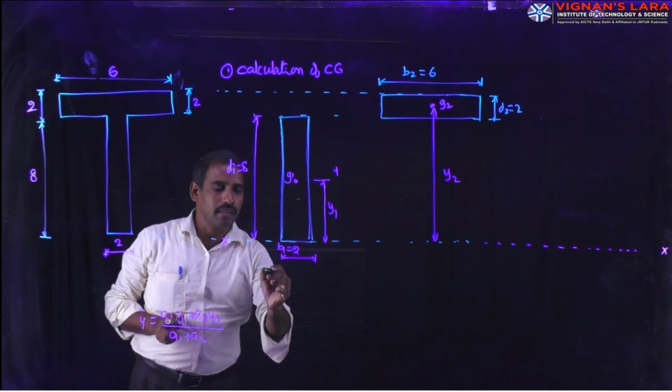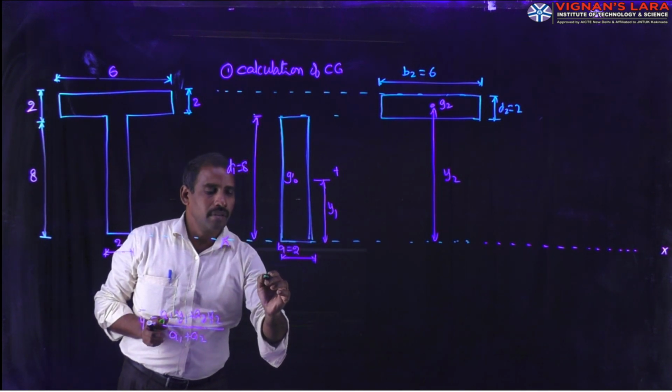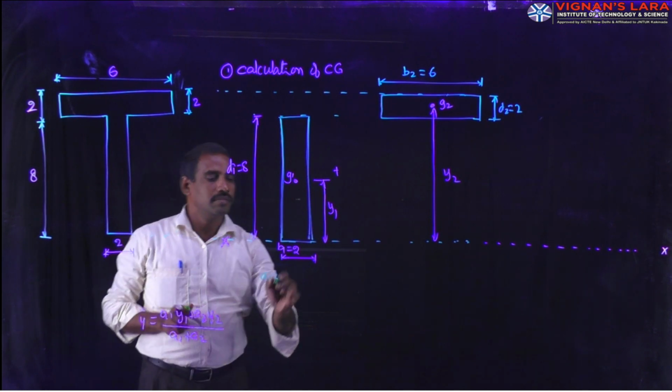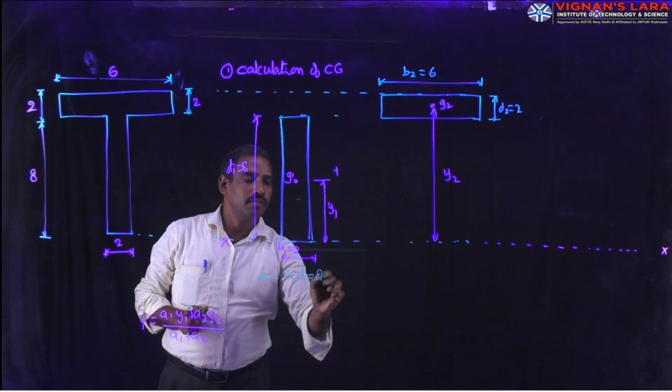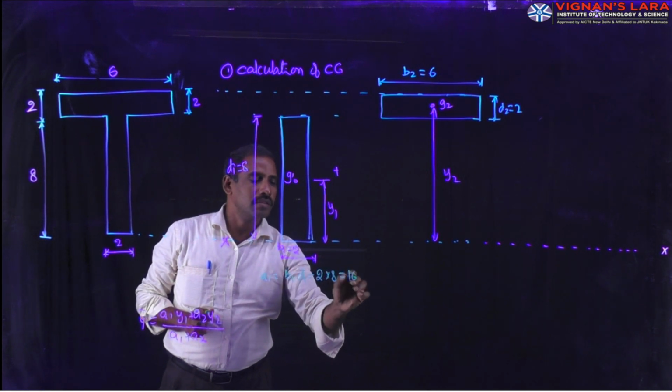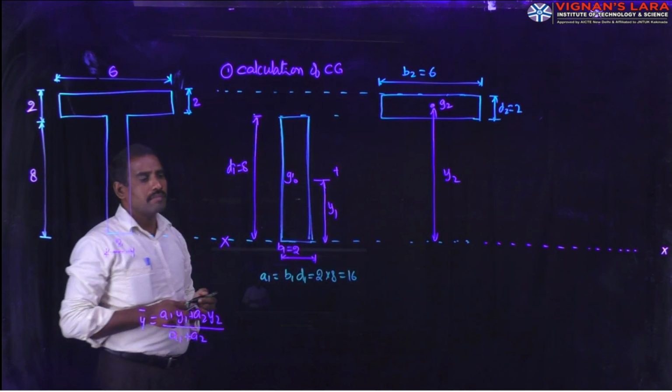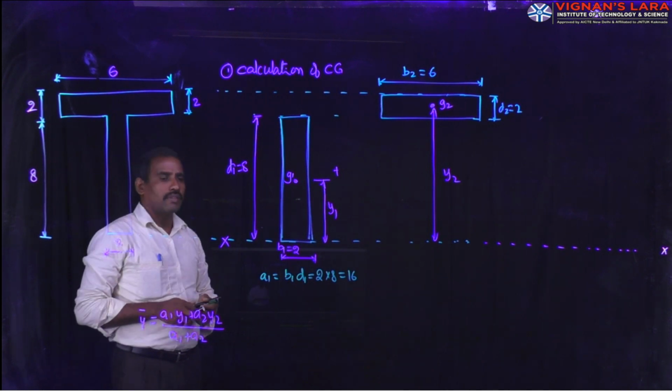From the geometry, A1 is equal to B1 into D1, that is 2 into 8, which is equal to 16. All dimensions are in mm or centimeters or meters, whatever it may be.